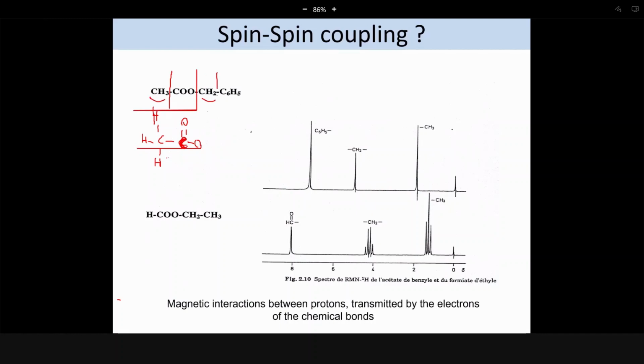And for the CH2 and the aromatic ring, we also have a quaternary carbon here. There is no hydrogen on this carbon.